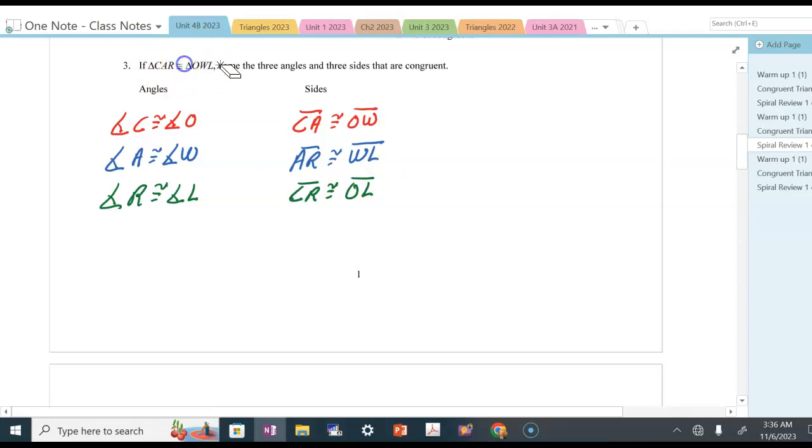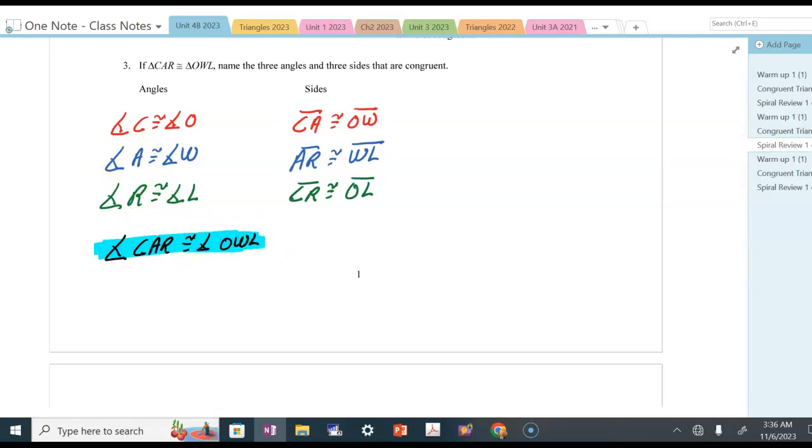Now sometimes we do use 3 letters. So if I go back to the angles, I could say angle CAR is congruent to angle OWL. So I just did it in the exact same order. Now this is the same as the blue one.